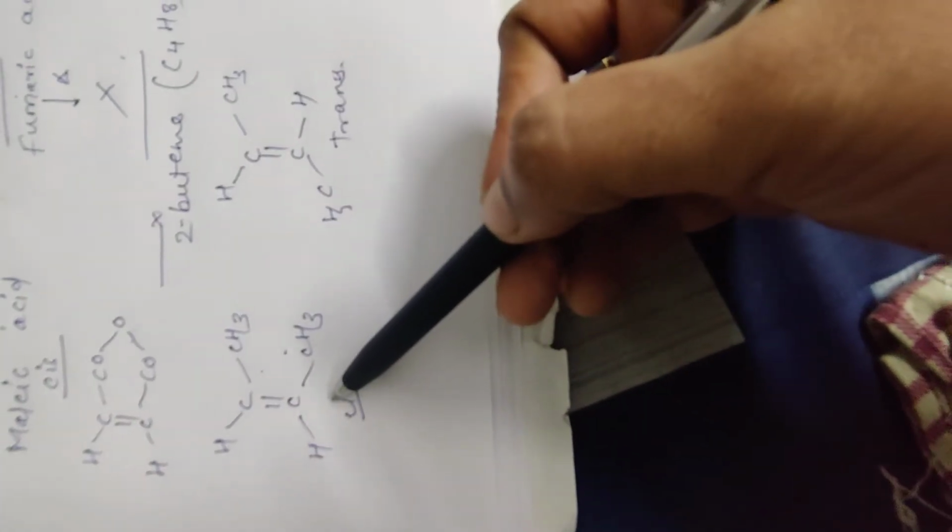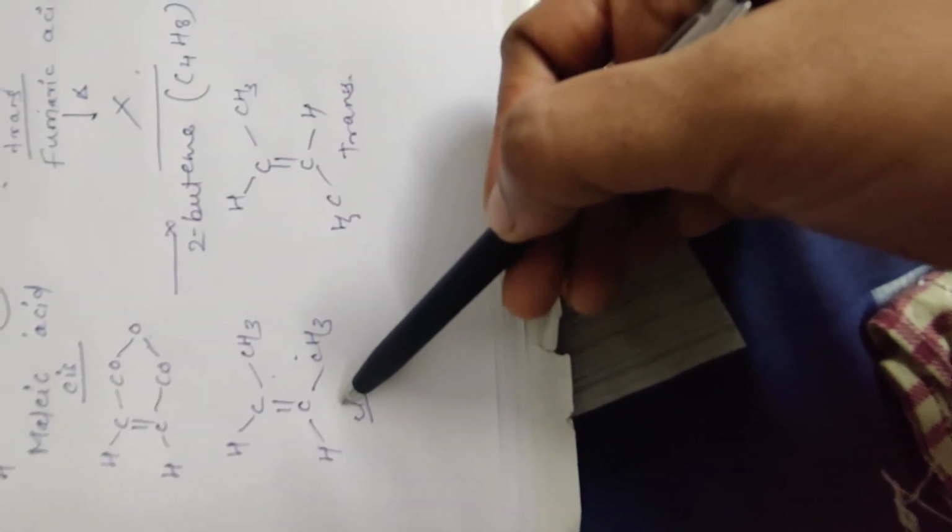For example, the melting point of cis 2-butene is 139 degrees Celsius and that of trans 2-butene is 101 degrees Celsius. Then the boiling point of cis 2-butene is plus 4 degrees Celsius and of trans 2-butene is plus 1 degree Celsius. Refractive index is one of the physical properties. So the refractive index of cis 2-butene is 138 and that of trans 2-butene is 137.